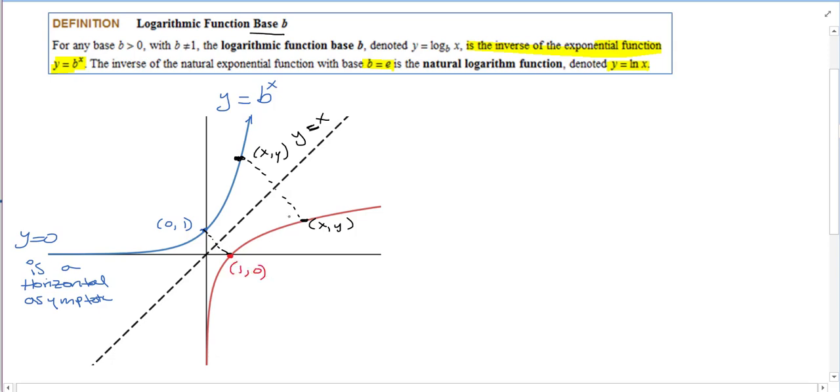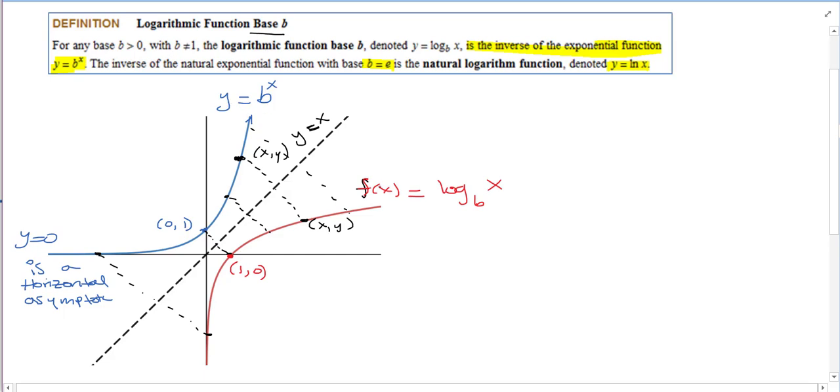As we reflect all of these points from the exponential along the y equals x line, we end up with our logarithm. And so this is the function f of x equals log base b of x.